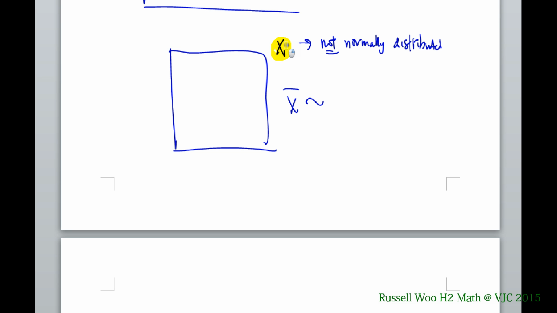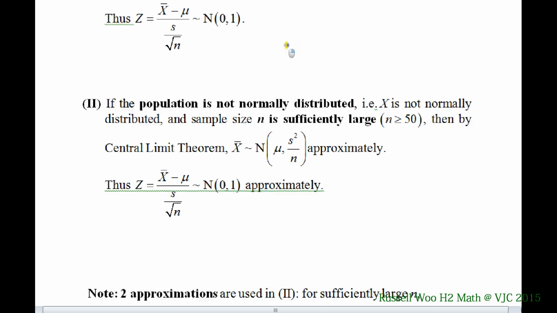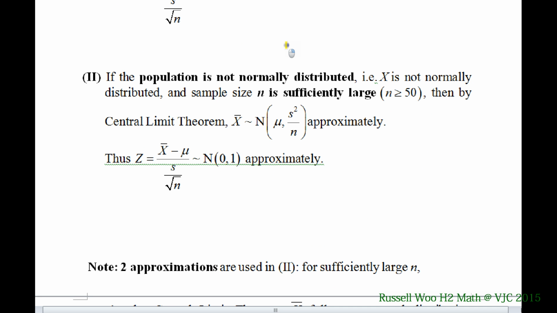We can only if n is large. Very good, use the central limit theorem. So when we use the central limit theorem, again we come to the same conclusion. If it's not normally distributed, we can only conclude this using the central limit theorem, provided n is large.